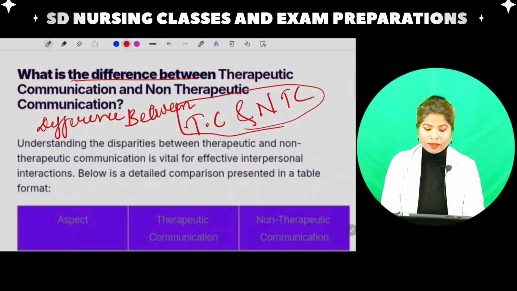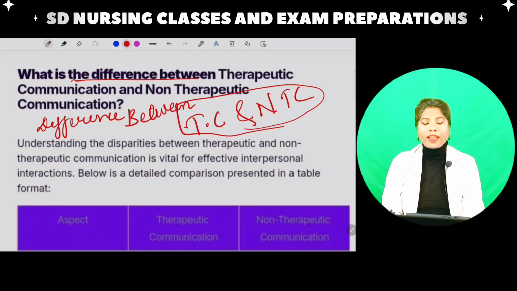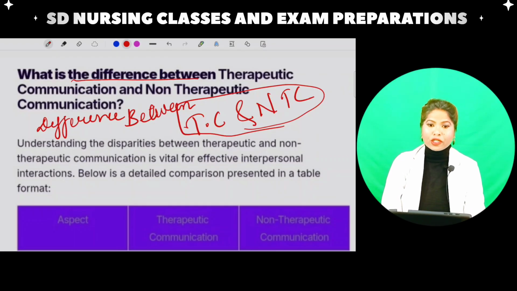This is our topic, meaning how we can differentiate between them. We already studied therapeutic communication in detail: the types, purpose, goals, characteristics, techniques, and barriers.